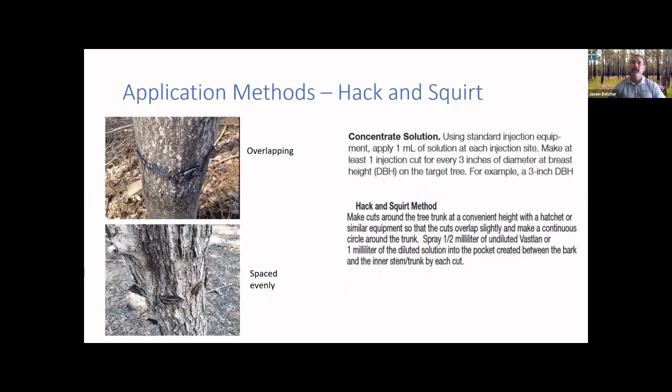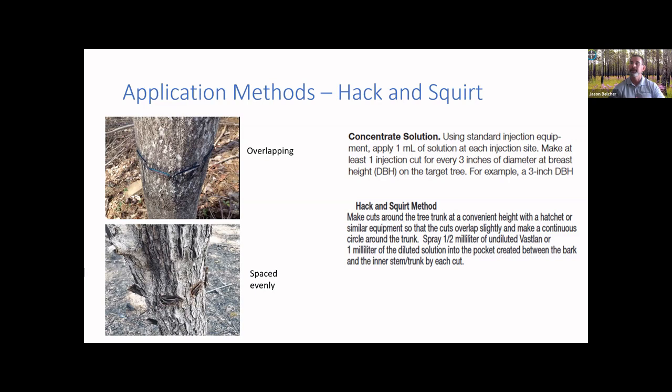As you look at the labels, and I pulled a couple off here, you'll see sometimes the labels say you need overlapping cuts. So you basically have the edge of each hack touching one another, as you see in the top picture there. Or you may even have them saying you want them evenly spaced out once every 2 or 3 inches, depending on what label you have. The top one is actually Arsenal. You can see they tell you to use 1 ml of solution, 1 injection for every 3 inches.